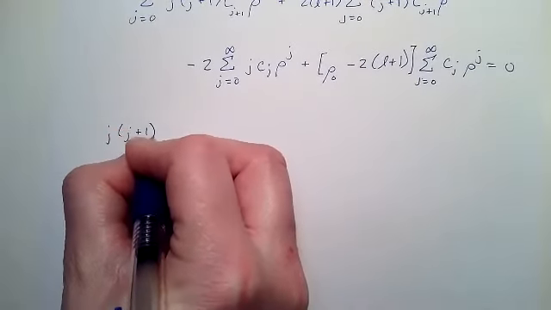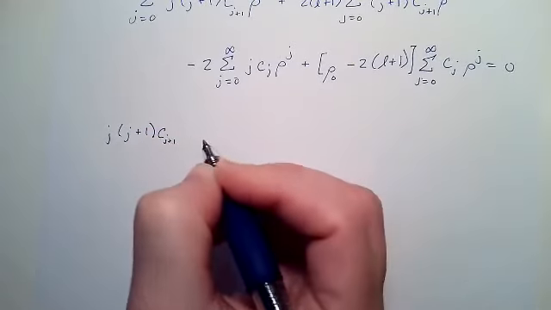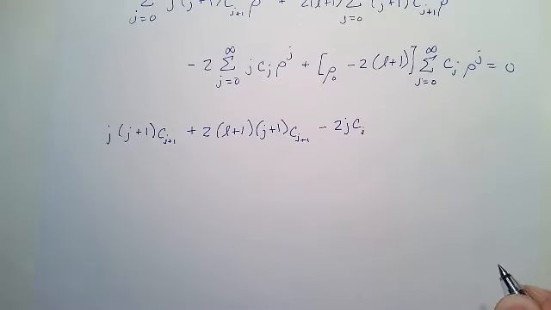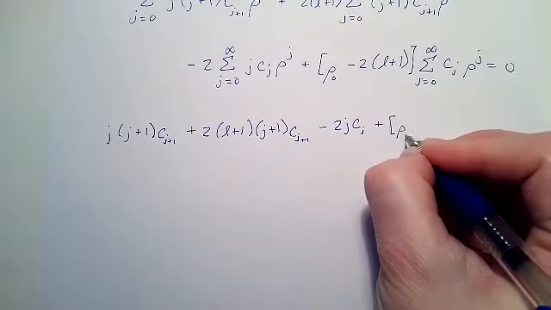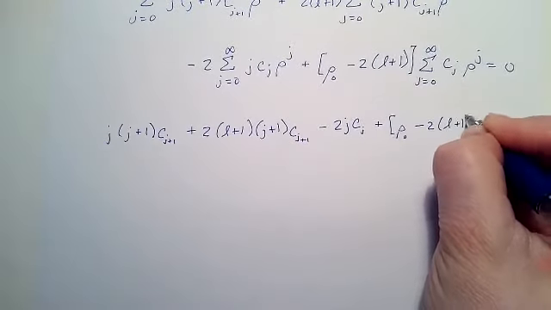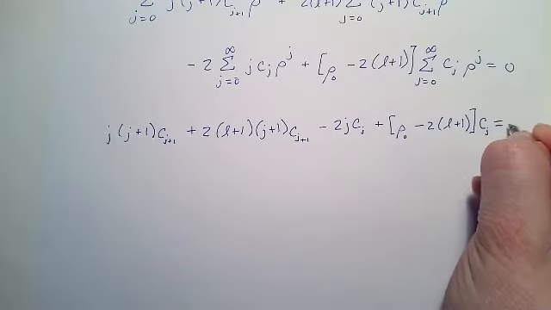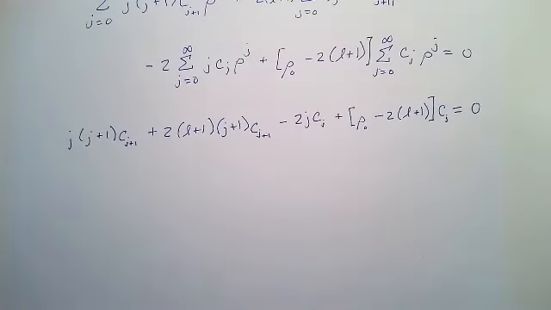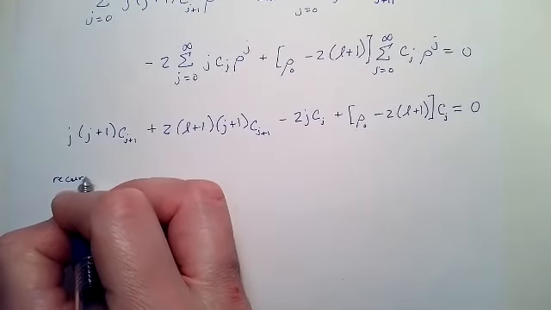So j times the quantity j plus 1, c subscript j plus 1, plus c subscript j. Hopefully those look different enough to you. Plus rho 0 minus 2 times j plus L plus 1, c subscript j equals 0. So we come up with that big long equation, and again, that'll take us to a recursion formula.